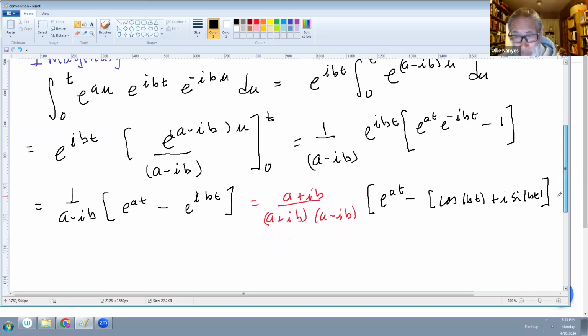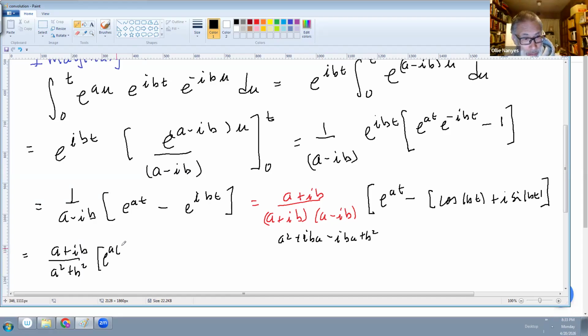Now, when we look at the bottom, multiplying this, you have a squared minus iba plus iba minus i squared b squared, and then i squared is minus 1. So what we have on the bottom is a squared plus b squared. That's the modulus. We have that.